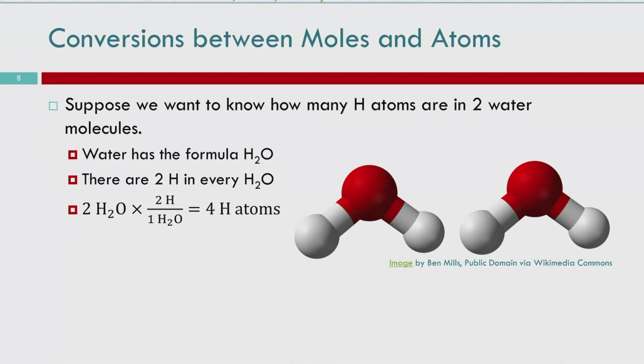Great. Let's say that we want to figure out how many atoms of hydrogen are in 2 water molecules. So this is doing a slightly different conversion. We're adding a step on. We've got a representation of 2 water molecules here. The red ones, these are oxygen, and the white ones, these are the hydrogens.